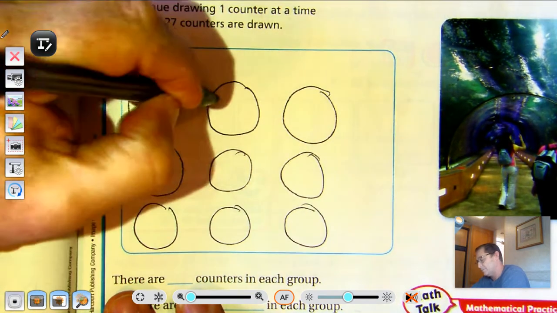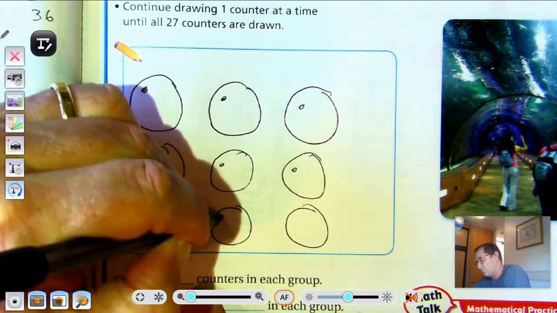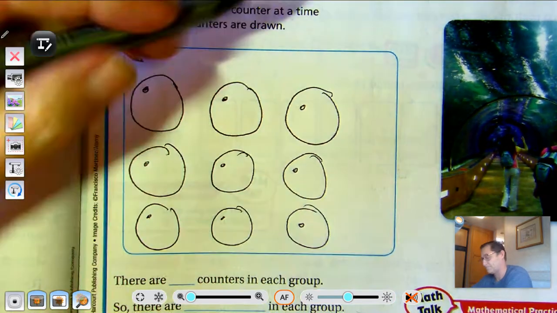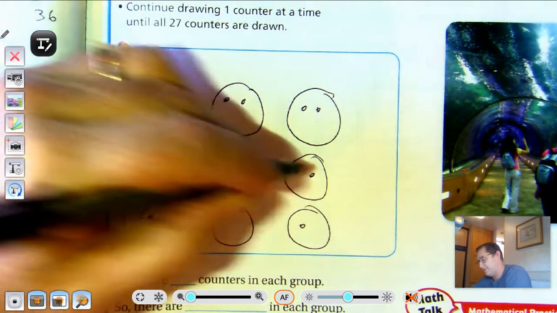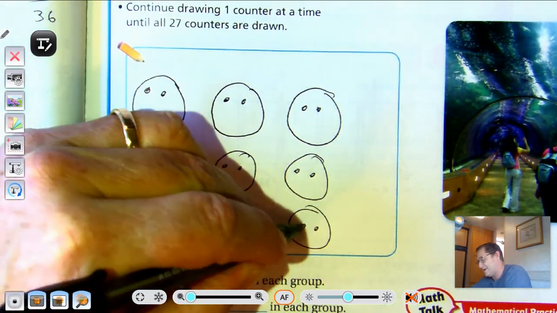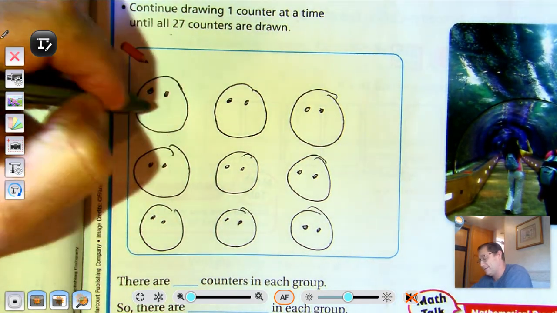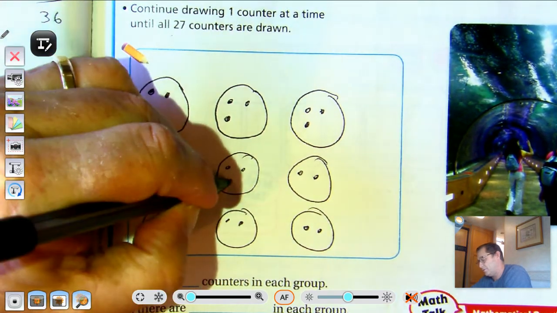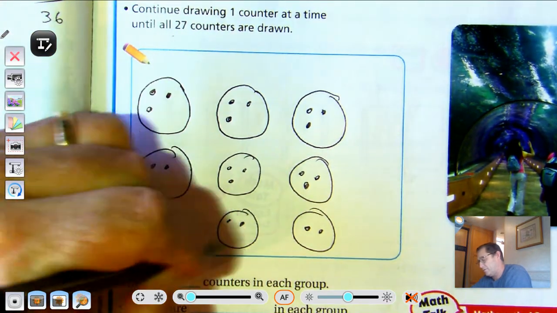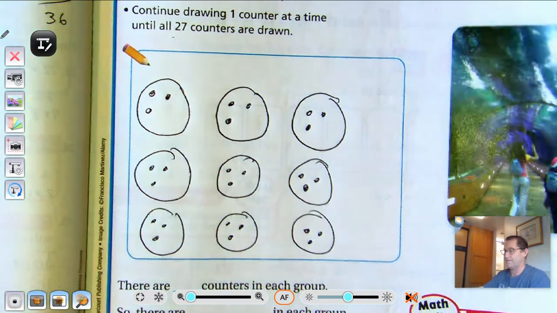Okay, so 1, 2, 3, and keep going till you get 1 in each group. All right, so that's 9, 10, 11, 12, 13, 14, 15, 16, 17, 18, and I have to get to 27. So 18, 19, 20, 21, 22, 23, 24, 25, 26, 27. Okay, so I've used all 27 counters.